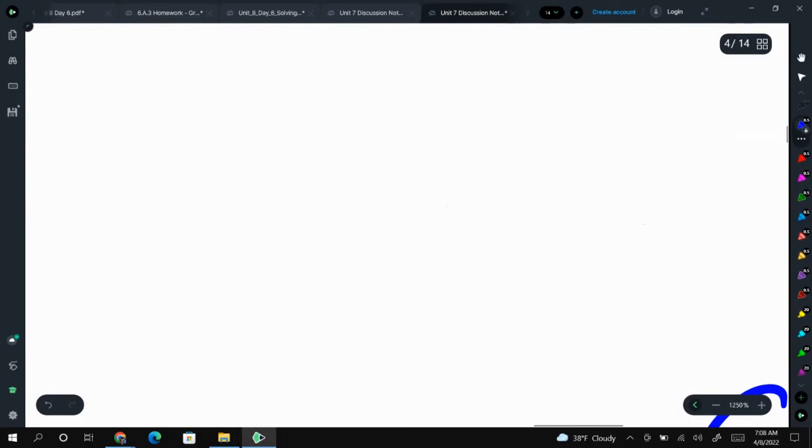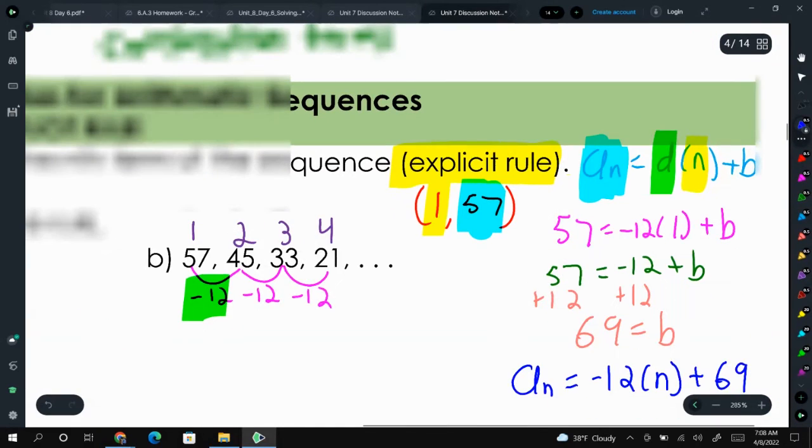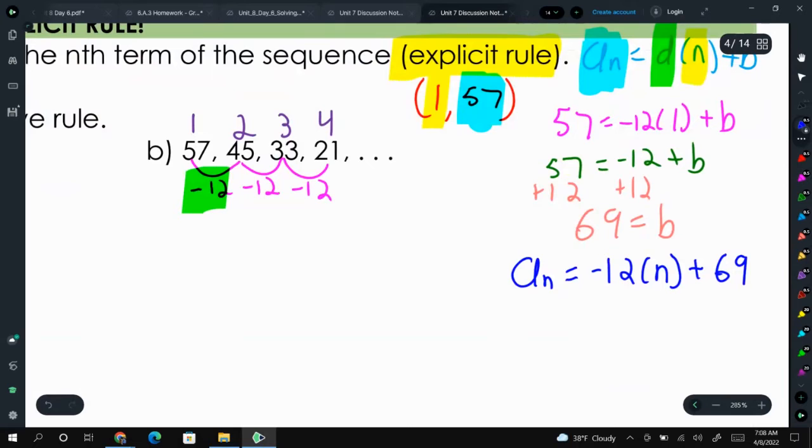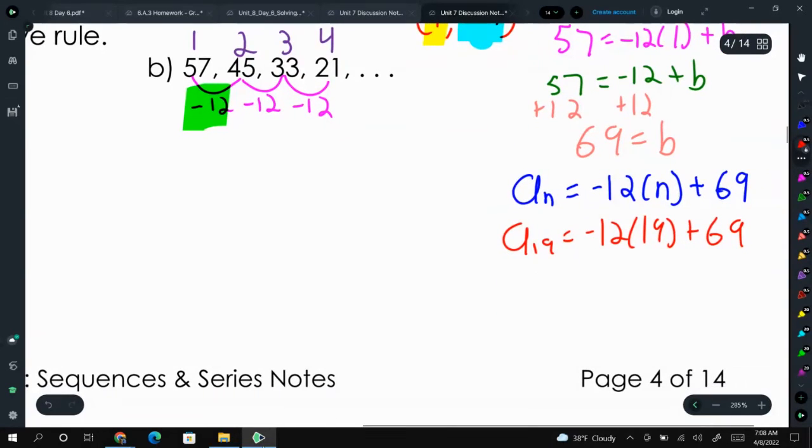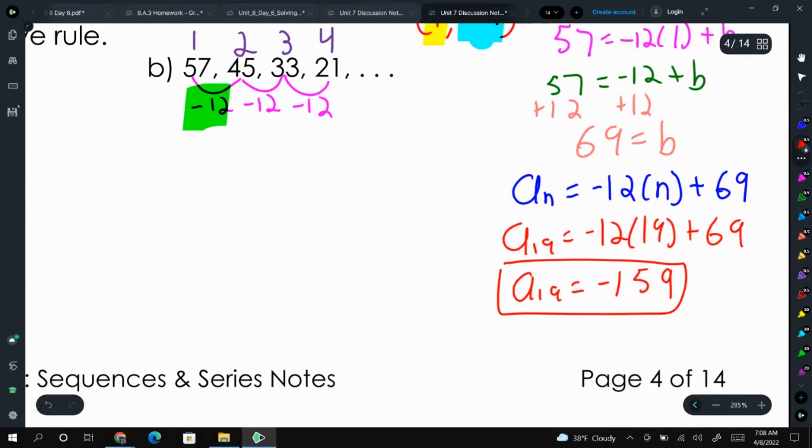And then to find the 19th term, we're just going to plug in 19. So a of 19 equals negative 159. So again, this is our explicit formula.